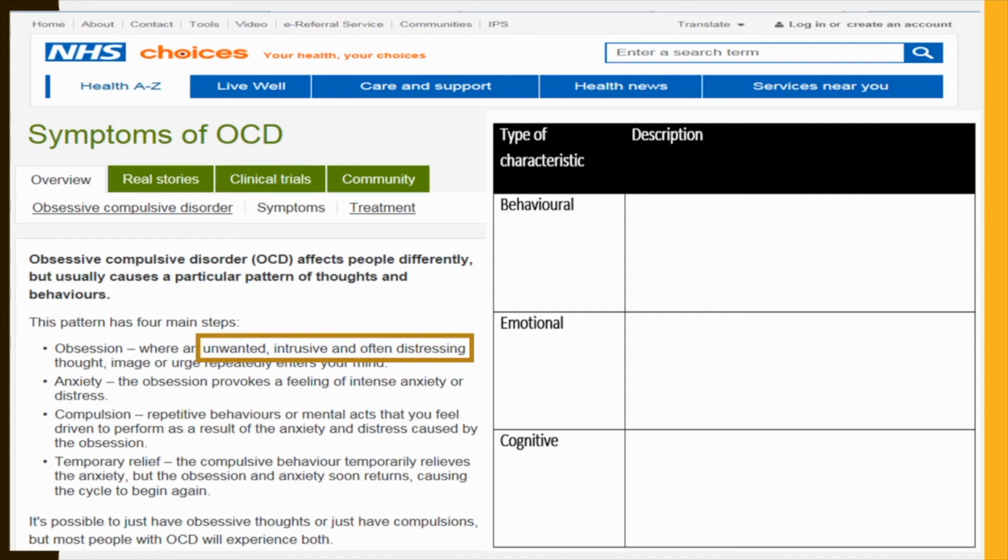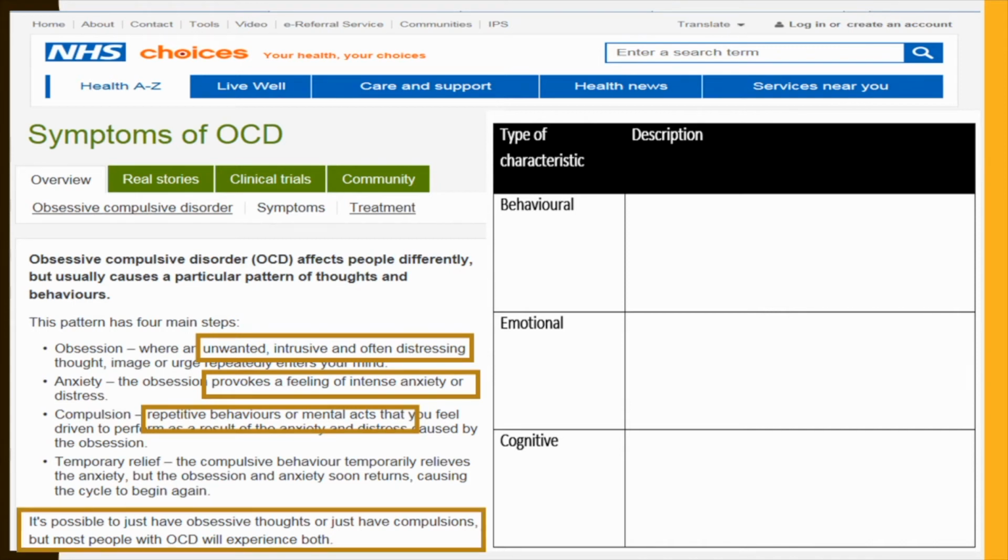So unwanted, intrusive and often distressing thoughts. As we said, they provoke a feeling of intense anxiety, and that results in repetitive behaviours. And then we've got at the bottom, it's possible to just have obsessive thoughts or just have compulsions, but most people with OCD will experience both.